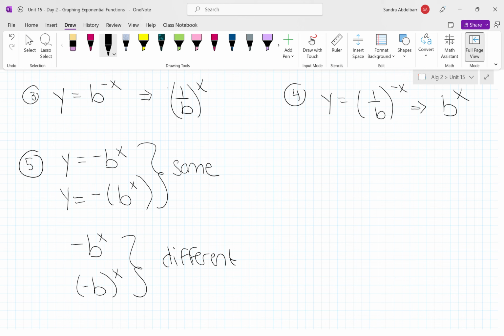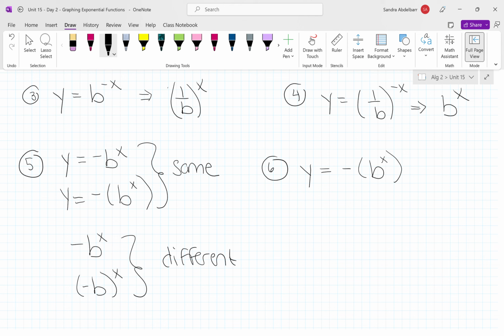So then let's talk about what y equals the negation of b to the x is. Does anybody know what this is on the graph? So it's b to the x, and then what are we doing to it? That negation in the front. Any guesses? Flip it. We're flipping it over what? The x-axis.